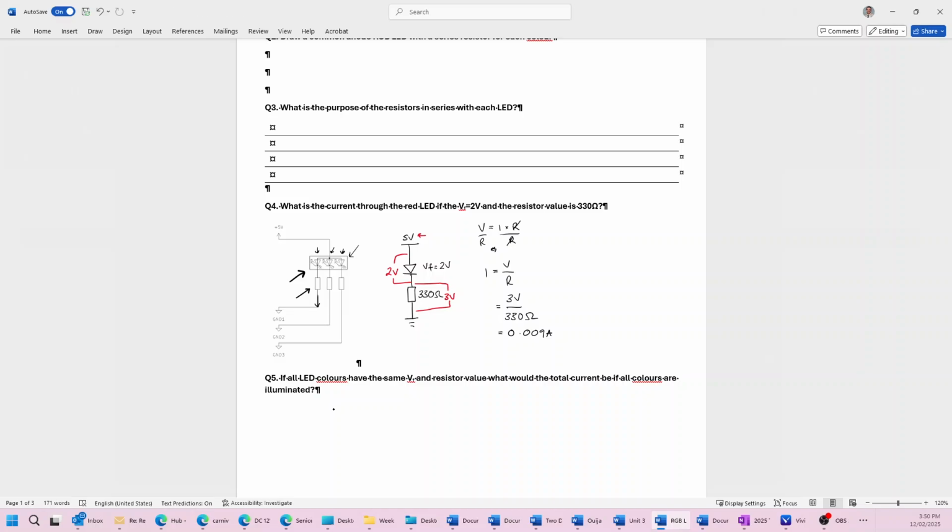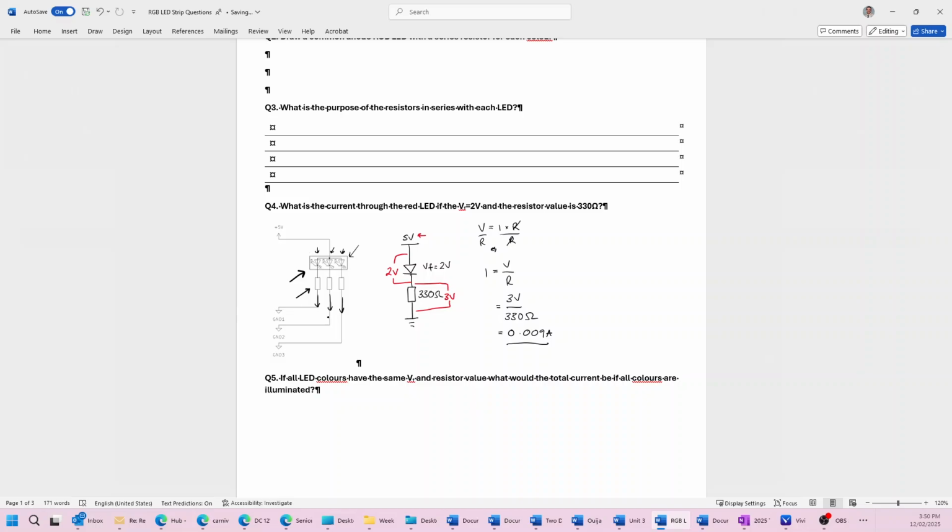Now, if we look at question 5 here, if we go, okay, if all of these LEDs are illuminated, that is currents flowing through all of them, and they all have the same forward voltage. They've all got the same forward voltage, so that's 2, and they've all got the same resistor here, then the maths is going to be exactly the same for each of these. And so each pathway would have this much current flowing through it.